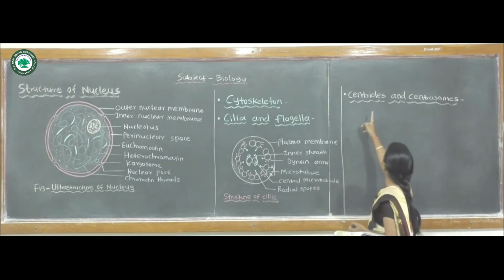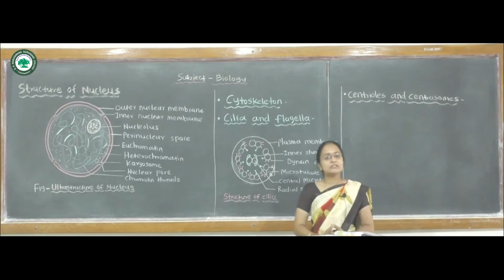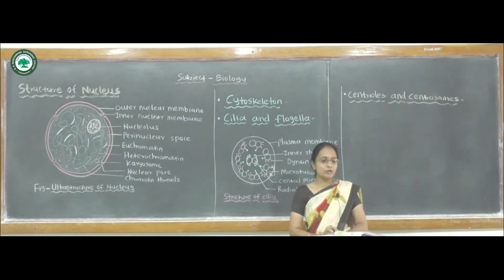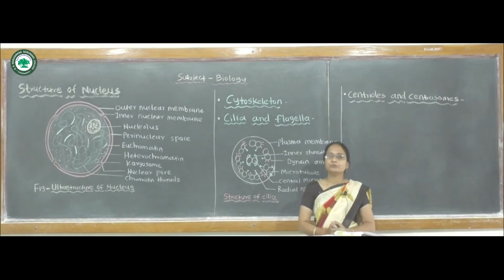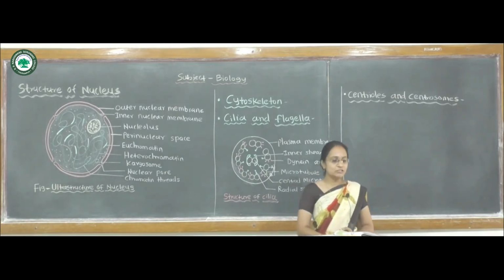Now come towards the centriole as well as the centrosome. The centrosome is usually found near the nucleus of an animal cell, and it contains a pair of cylindrical structures called centrioles. In the diagram of the animal cell, in the cytoplasm we see the structure of these centrioles.